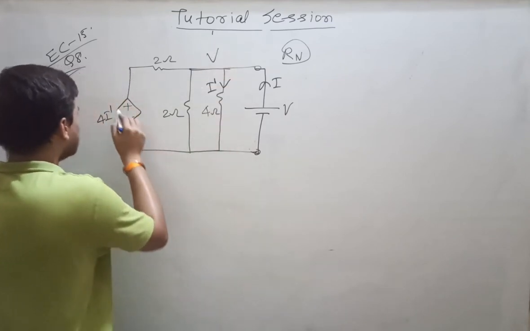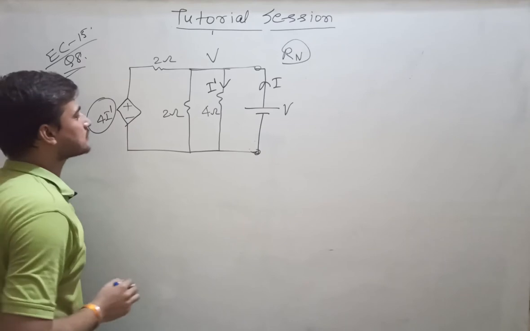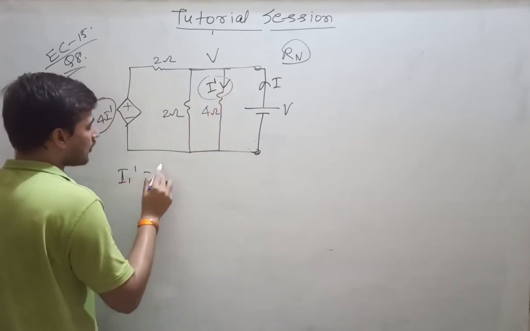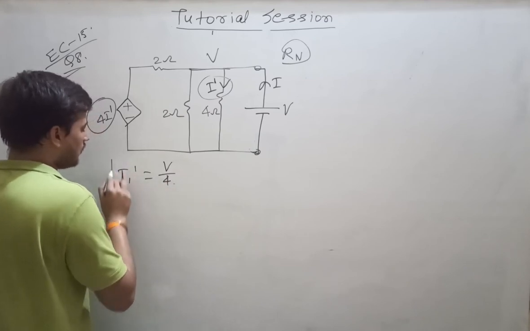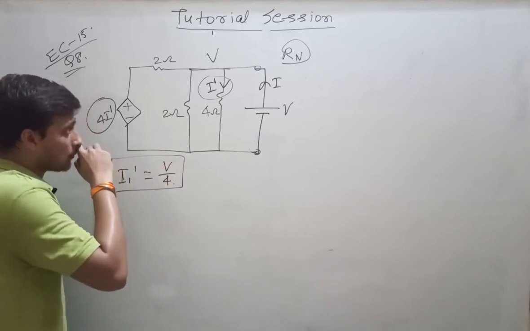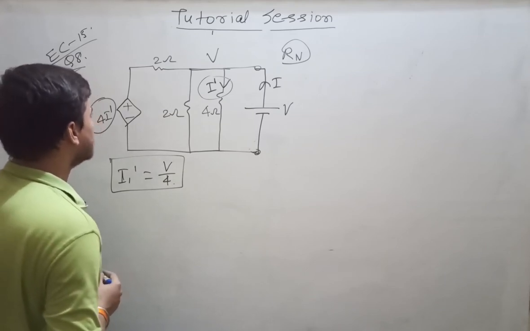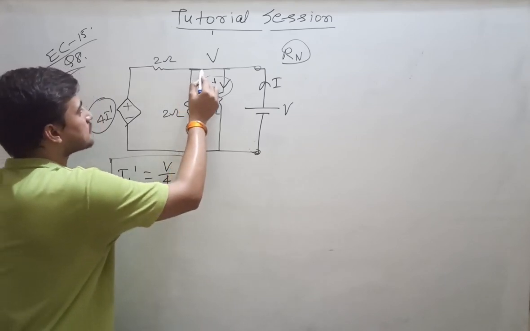First, look at the magnitude of the dependent source. You will have to write the equation for I dash. So I dash will be equal to V divided by 4. Once you get the value of I dash, next you have to apply Kirchhoff's current law at this node.